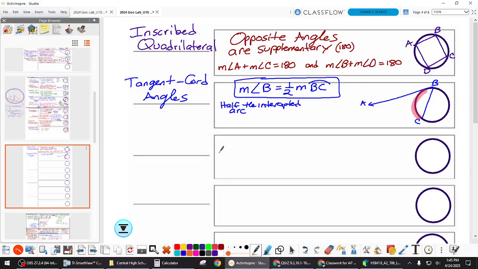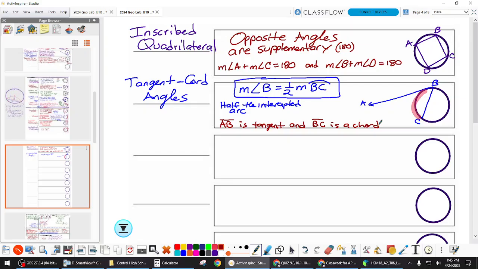And I think this is what I was trying to say: the arc sometimes looks kind of weird because your eyes want to follow the tangent line out. We do probably need to say that AB is tangent and BC is a chord. Okay, notice we didn't write that it's 90. It's half of that intercepted arc.